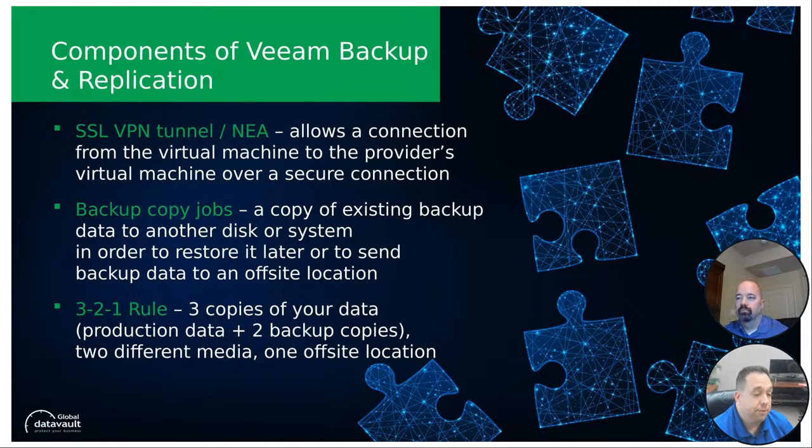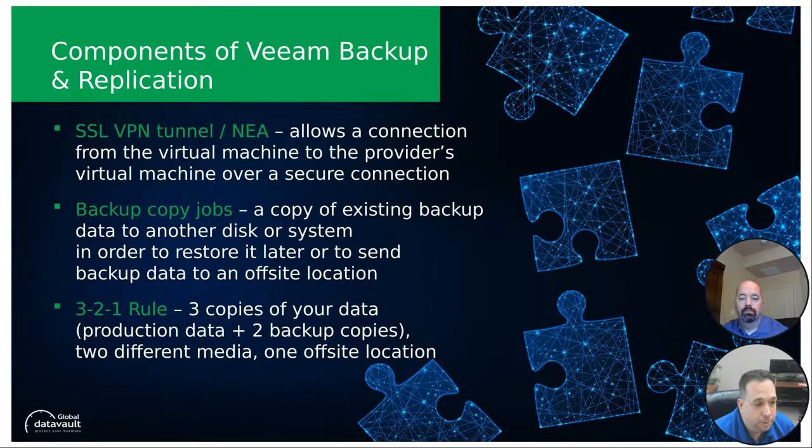The way that we actually do this is Global Data Vault always follows Veeam's best practices, which is that we keep 3 copies of your data, and then we keep 2 backup copies on 2 different types of media, 1 offsite. What that means is we will create a backup copy that's called a local copy on the Veeam server, and then we will make a copy of the main or primary backup job and store that in the local copy destination.